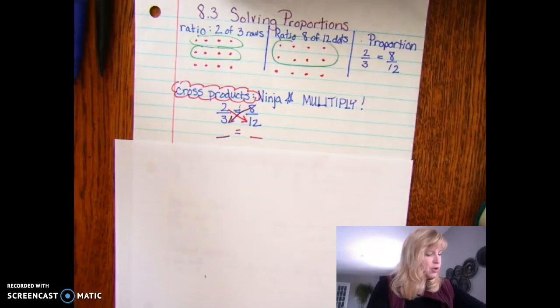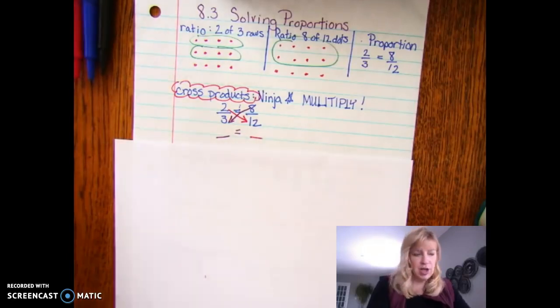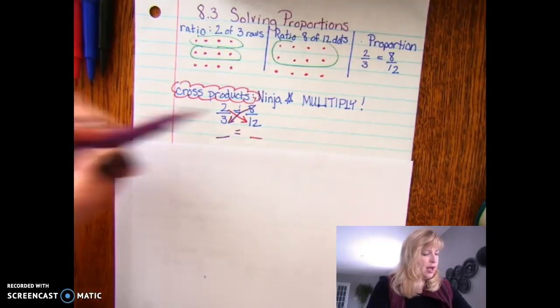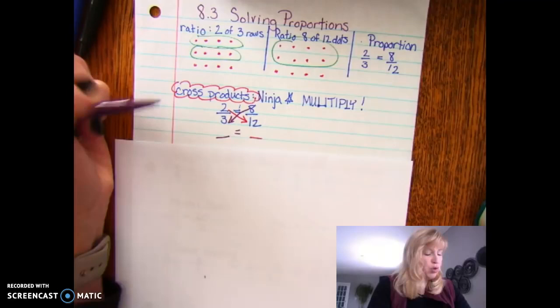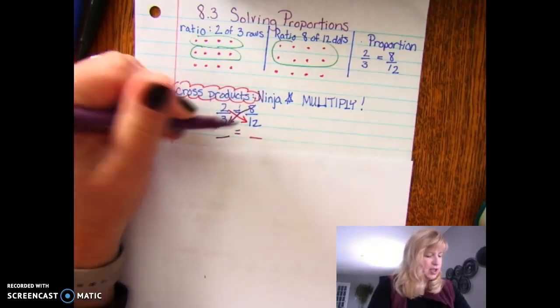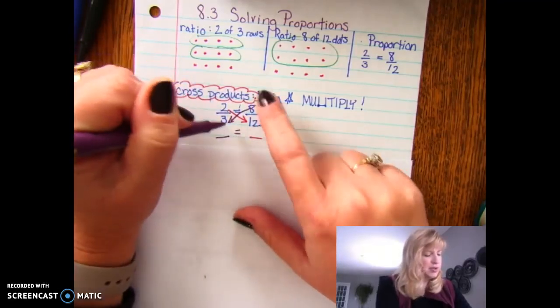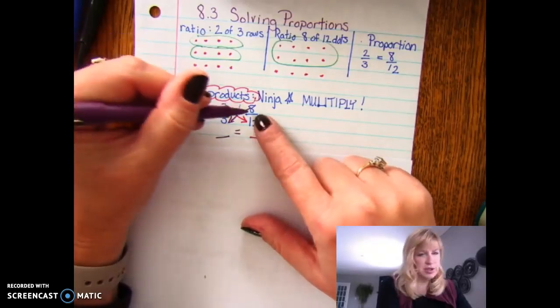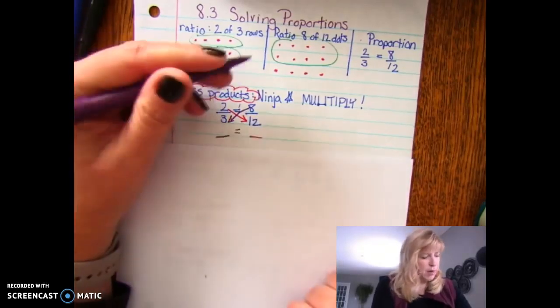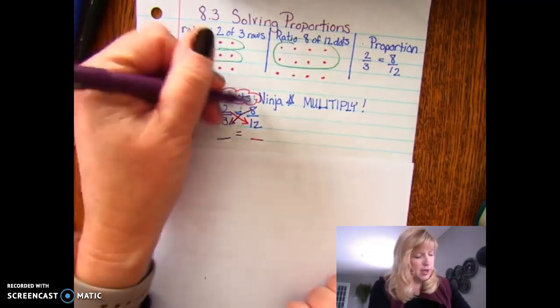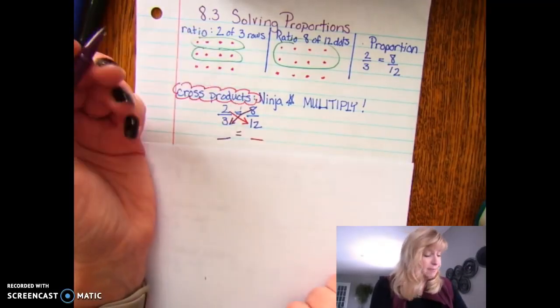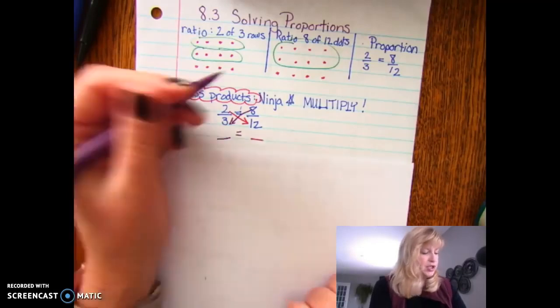So I'm going to show you how to Ninja Star cross multiply to compare. And this is really called a cross product, but I like the Ninja Star kind of thing. You know how we used to reduce it, which you still could do here, but I want to show you how to really quickly tell if two ratios are equivalent, or proportional, I should say.